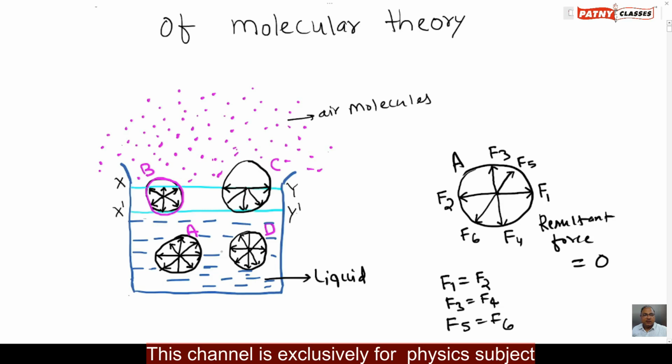So molecule A is under balanced condition because the forces acting on molecule A from all directions cancel each other, and the resultant force acting on molecule A equals 0. So molecule A is under stable condition as well as balanced condition.